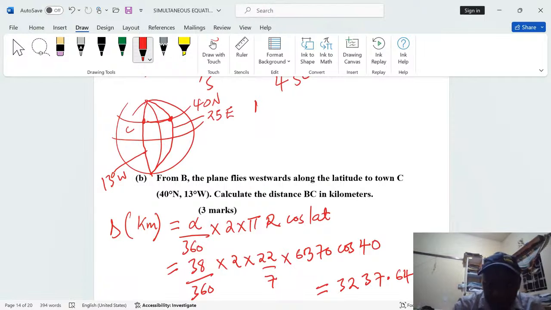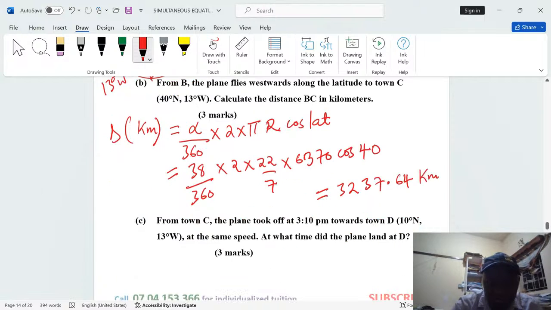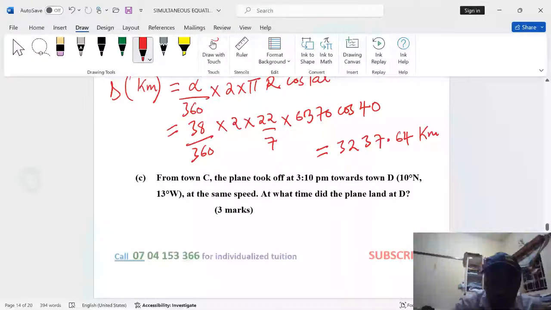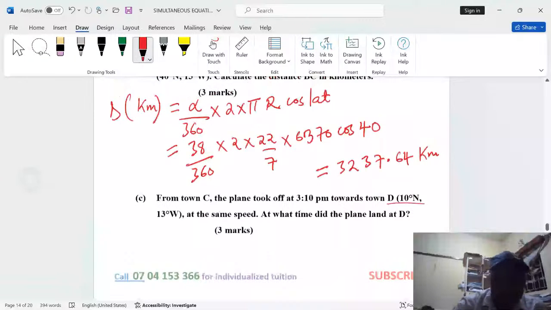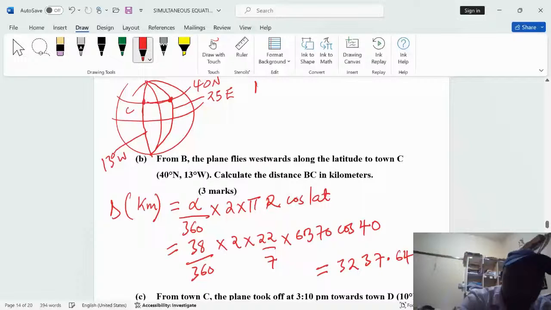We are moving downwards from 40 north until D, which is 10 in the north. Therefore, we are going to move down all the way to 10. If we sketch again, we will find ourselves at 10 in the north, which means we are moving from 40 degrees to 10 in the north, and that means it's along a great circle.